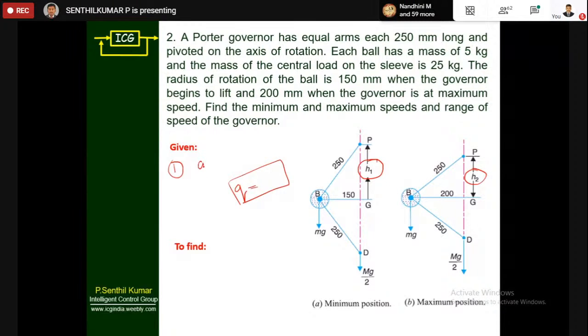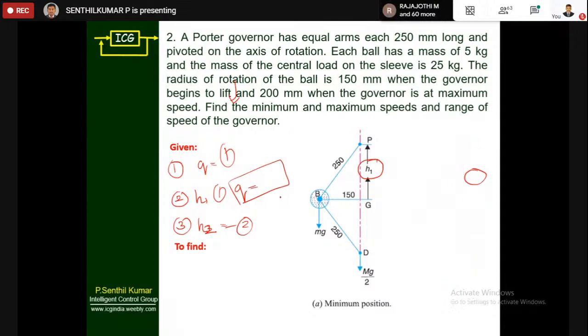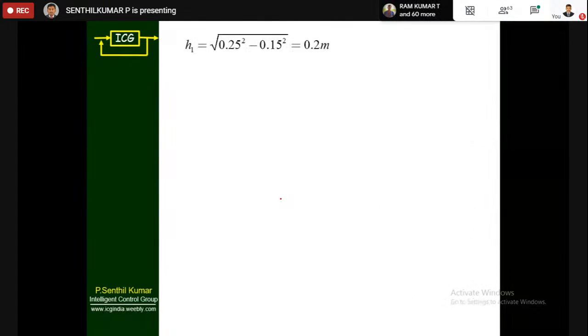Question number 1, Q. Question number 2, H1. Question number 3, H2. So one problem, but questions are linked. Each question 1 mark. So right now we are following this kind of pattern in our college. This is also possible. So this is what I am trying to say: you have to focus on problems also.